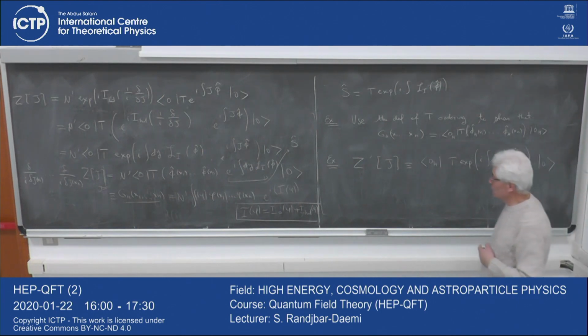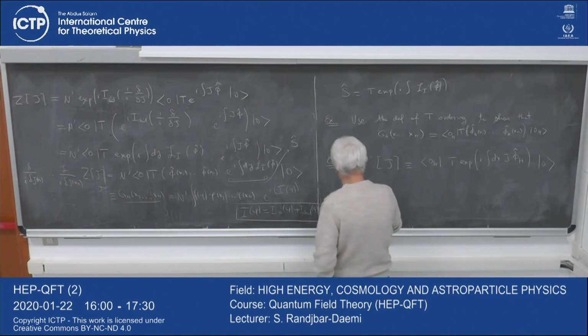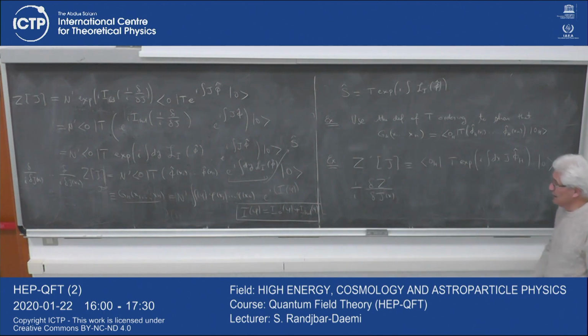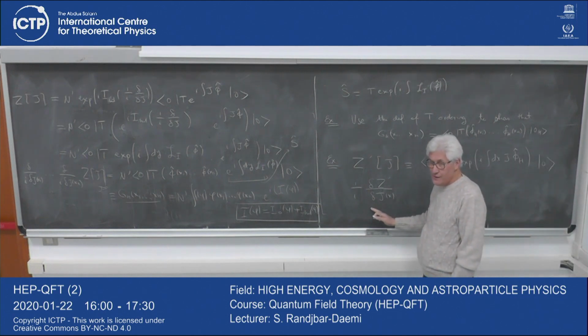Now that exercise asks you to take the derivative of this object, 1 over I dz prime by dj evaluated at x, and act on it by d squared minus m squared, and then on the right hand side there was a term. I don't know if you have looked at that exercise. Okay. Now take this and obtain an equation which should be the generalization of the equation you obtained in that exercise for the same object.